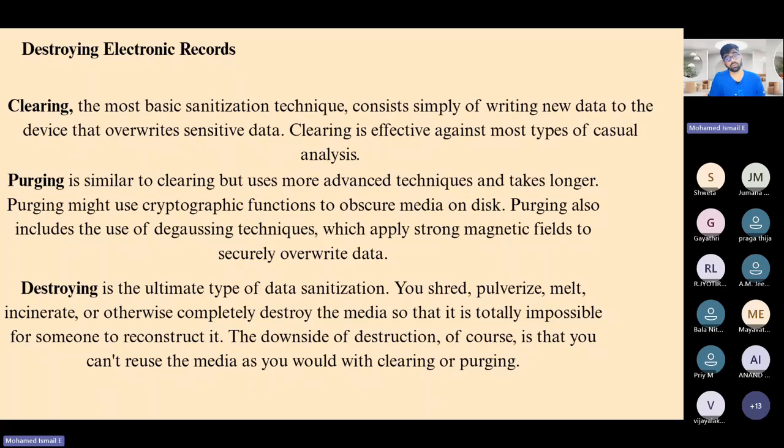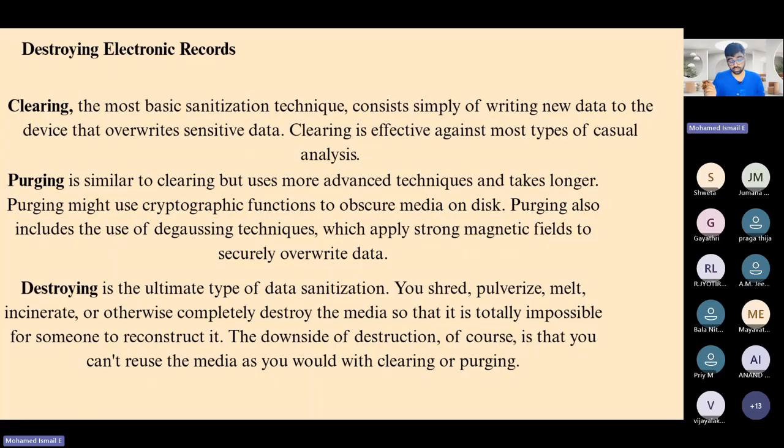So recovery software would fail. That is called purging. Purging also includes the use of degaussing, using an electromagnetic field that may sometimes destroy the hard disk as well, because highly effective magnetic interference will erase the data on the hard drive if it is made of steel or magnetic media.